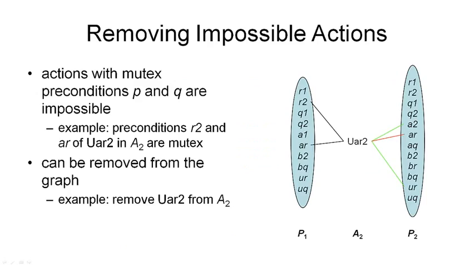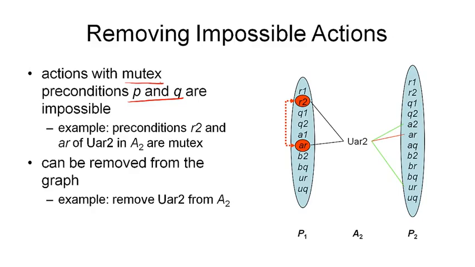Now, before we move on with the GraphPlan system, there is one further refinement to the planning graph that I want to introduce to you. And this is actually quite simple now that you understand the mutex relations between propositions. So, suppose we have two propositions P and Q that are mutex and that are preconditions for the same action.